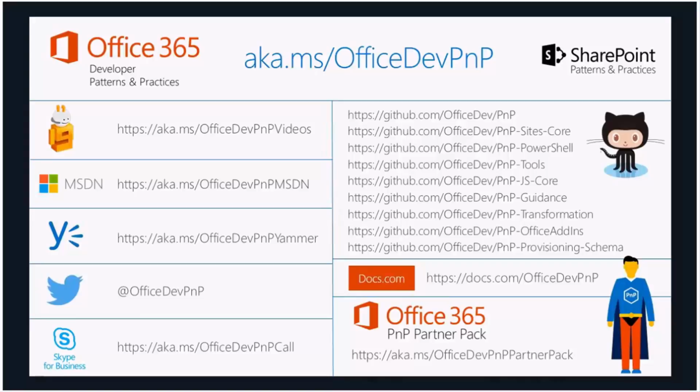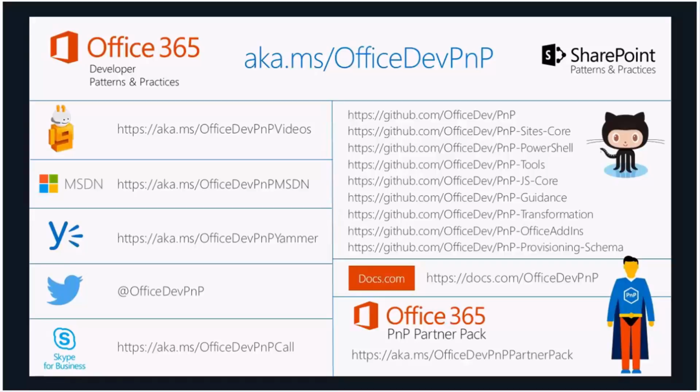Yammer group, which is the most active developer Yammer group in the Office 365 tenant. Twitter account, community calls, and a lot of GitHub repositories containing different kinds of elements. Docs.com: this presentation you're seeing is available from docs.com/OfficeDevPnP, so you can download it for future usage, or if you like any of the graphics, feel free to use them any way you want.